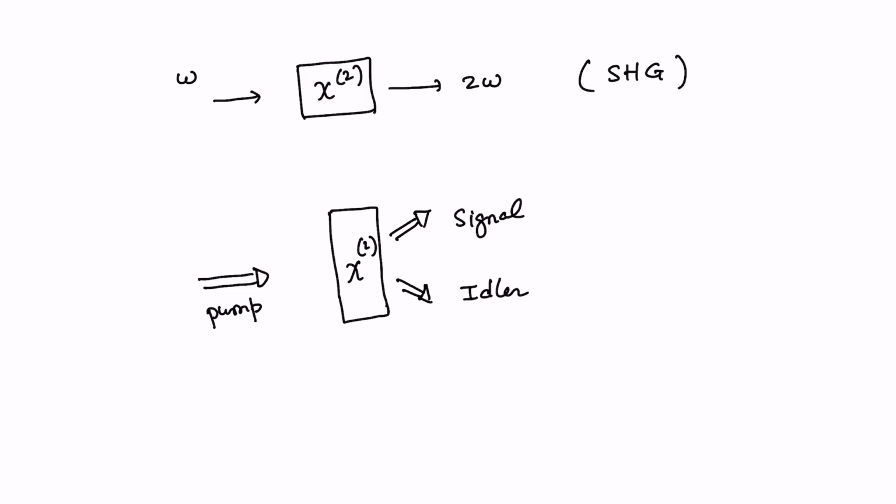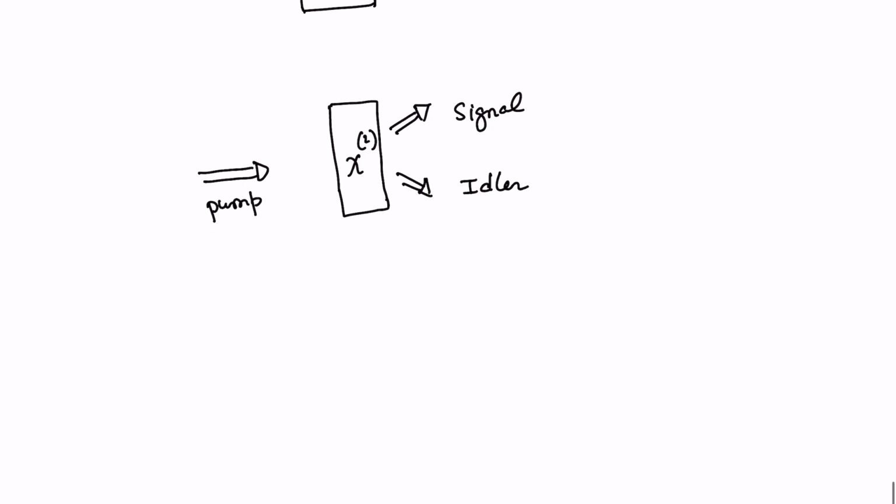And these signal and idler so produced are entangled to each other. And what is remarkable is that this process is a parametric process. So in this process, both energy and momentum are conserved.